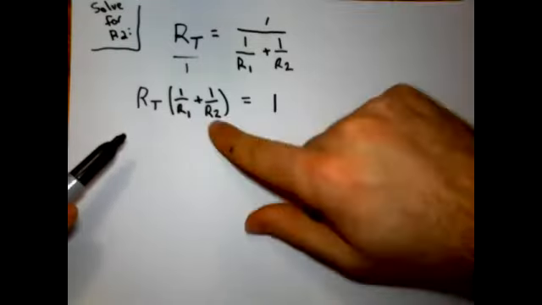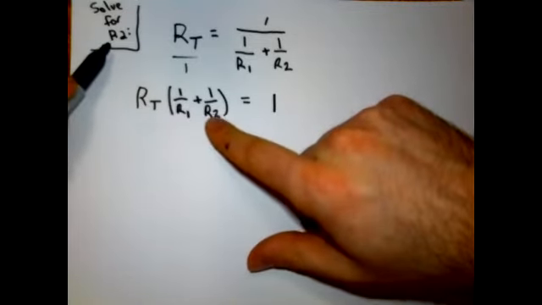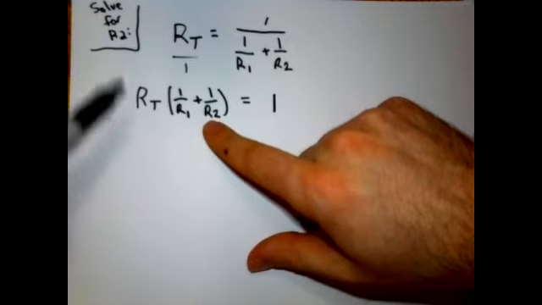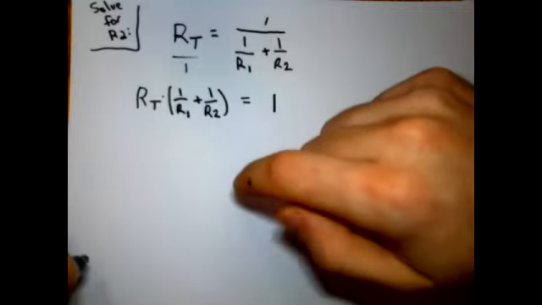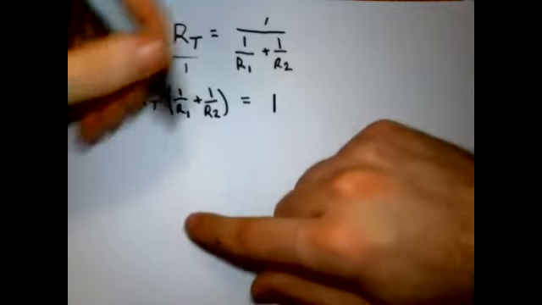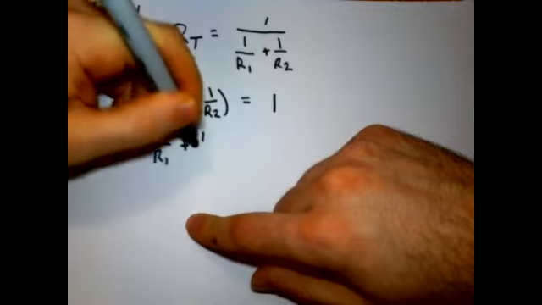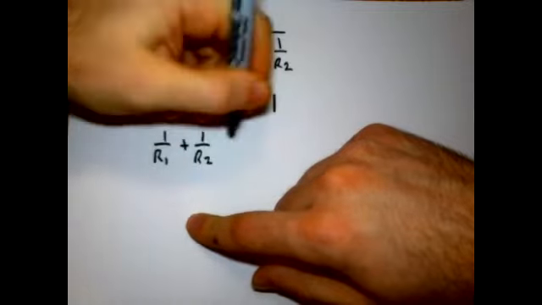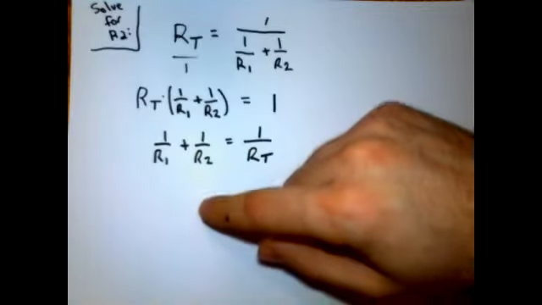All right. So I'm trying to get to R2. So just like previously, we kept an eye on C at all times. Now I'm going to keep an eye on R2 at all times. So these two things are being multiplied. To undo multiplication, you divide. So this would be 1 over R1 plus 1 over R2 equals 1 over RT.